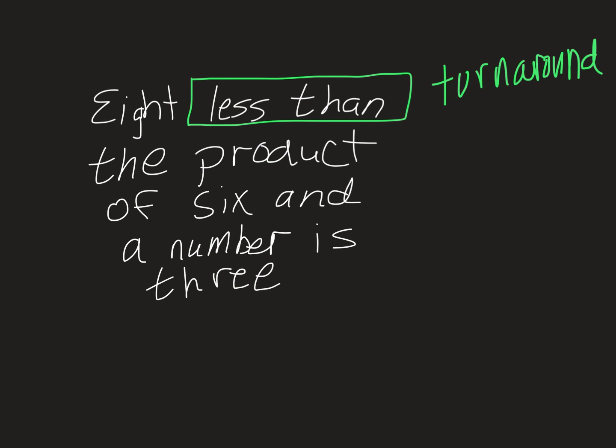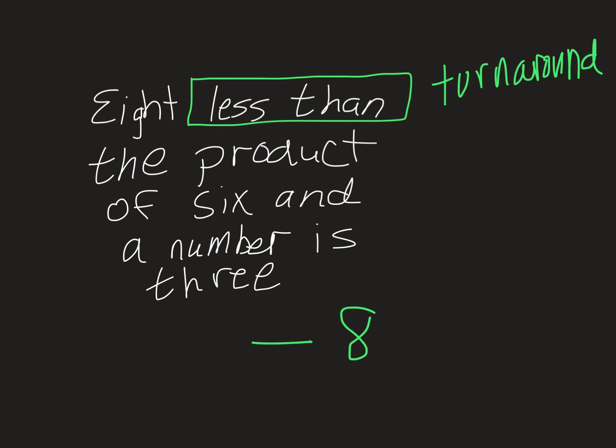Because when I'm doing 8 less than, I'm really subtracting 8 from something. So it's kind of backwards from what you think. So 8 less than doesn't mean you're going to do 8 minus something. It means you're going to subtract 8 from something else. What are you going to subtract 8 from?